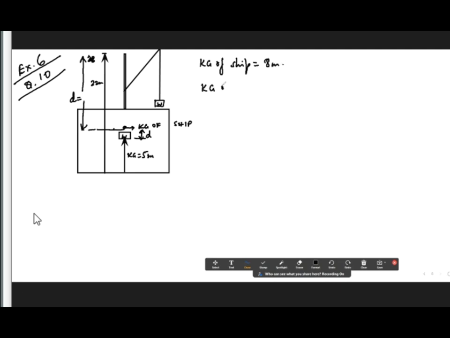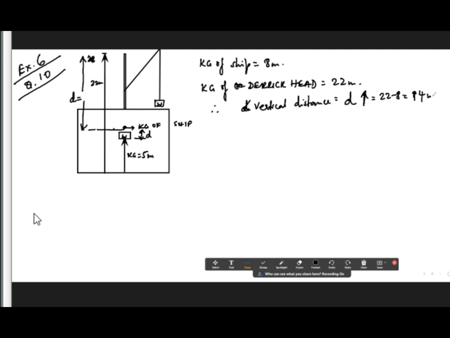KG of derrick head, we will use the word they have given, derrick head, is 22 meters. Therefore, the vertical distance D upwards is 22 minus 8, which is 14 meters. That is the first part.